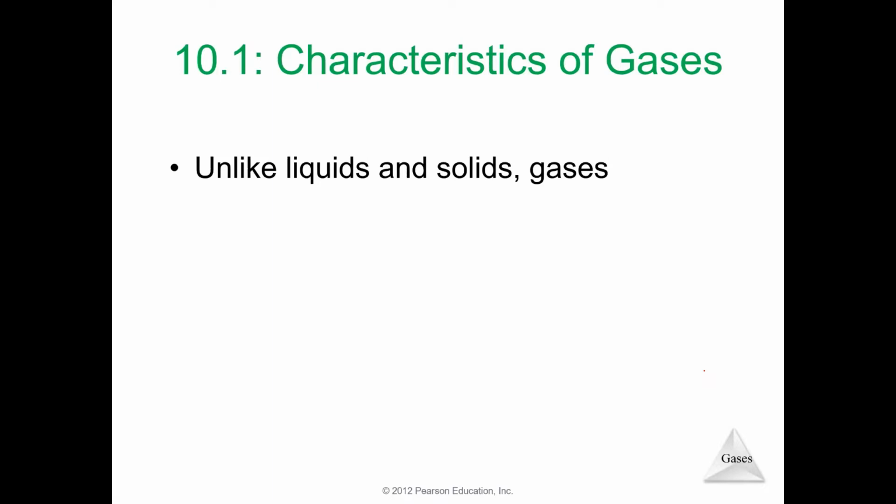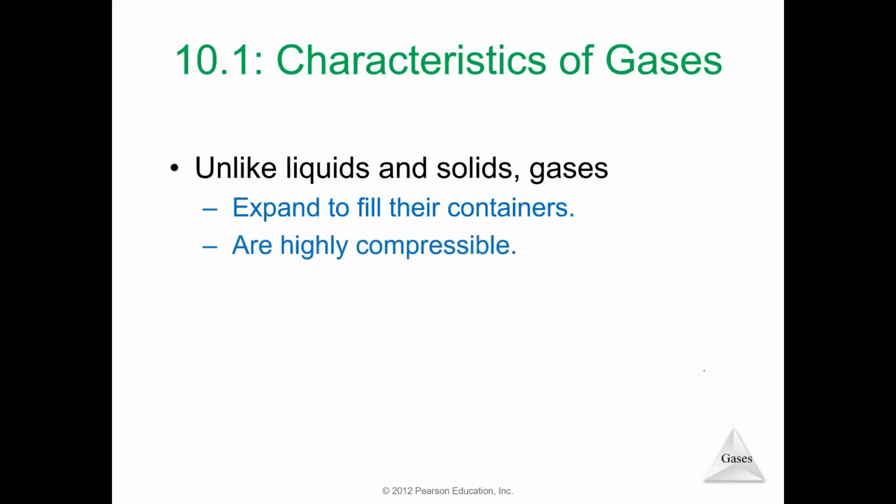So what is happening here, you see, in case of the gas, they fill up their container. And that is because of the freedom of movement that a gas particle has. For that reason, when they expand beyond the size of a gas particle, you can compress them, compress the space between the gas particles.